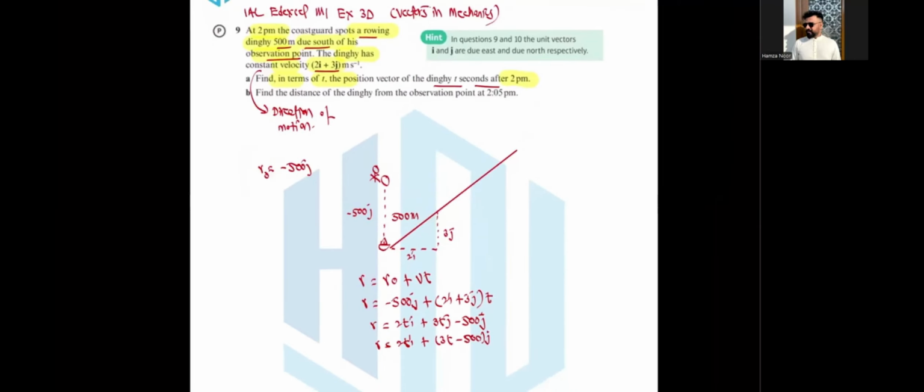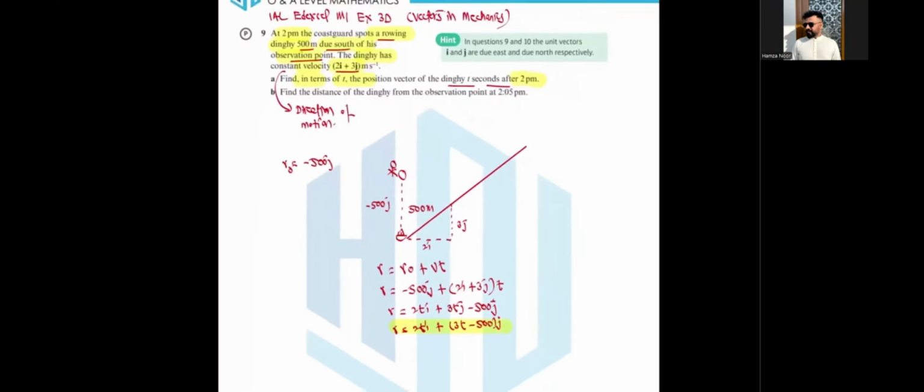Basically at any time other than 0, which we can say is time t greater than 0, where t is unknown, the position vector of the dinghy is this: r equals 2ti plus (3t minus 500)j. The i component is 2t and the j component is 3t minus 500. This was the requirement of part A.